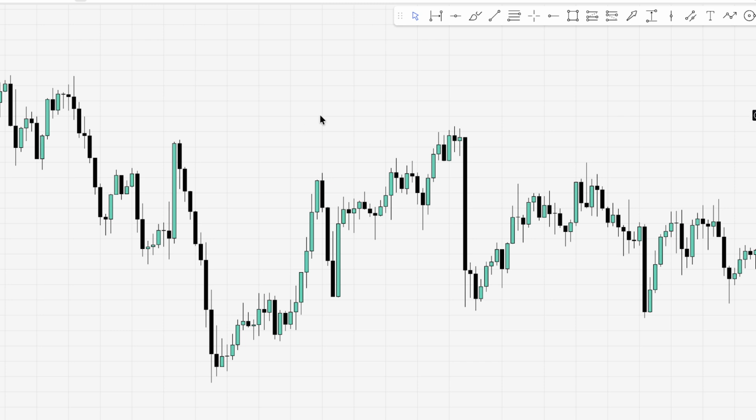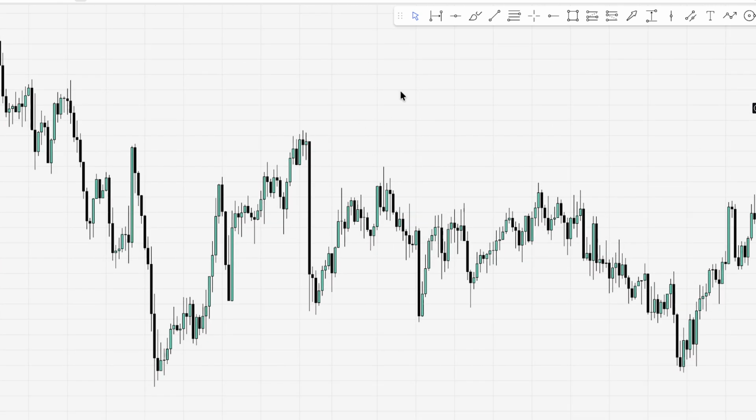Remember we said that liquidity can be found either above highs or lows that we have in the market. But preferably, when you are dealing with buy side liquidity and sell side liquidity, use old highs and old lows, because the longer an area that is an old high or an old low stays, the higher the liquidity density around it.